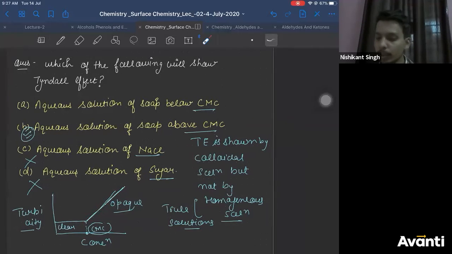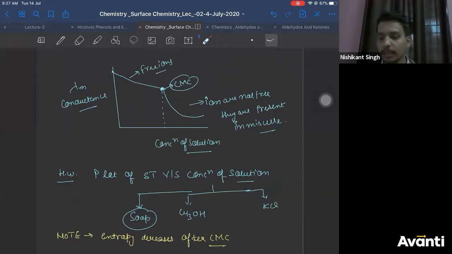We had solved a question on this. We had seen the graph of conductance also. Before CMC, it acts as an electrolyte. As soon as micelles start forming, the conductance decreases, right? Because there were free ions initially, after CMC the ions are not free. Therefore, conductance decreases abruptly, right?